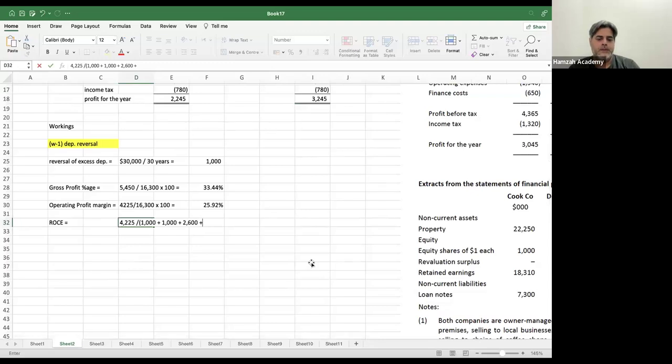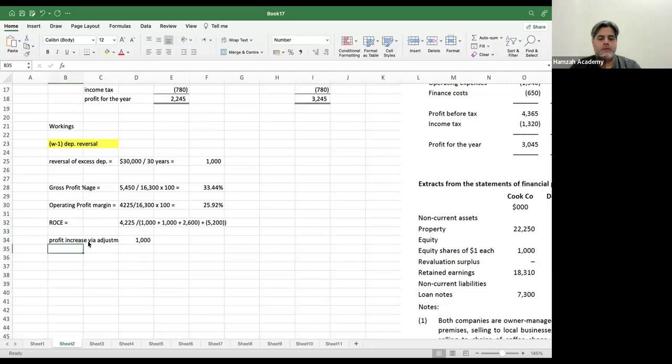So this is the equity portion plus 5,200 for the debt portion as well. This 1,000, I'm going to write as profit increase via adjustment.